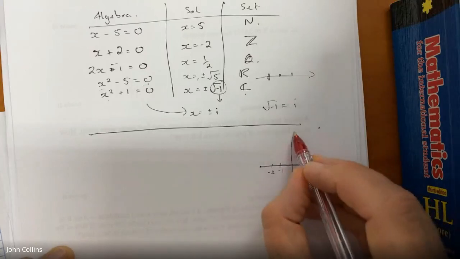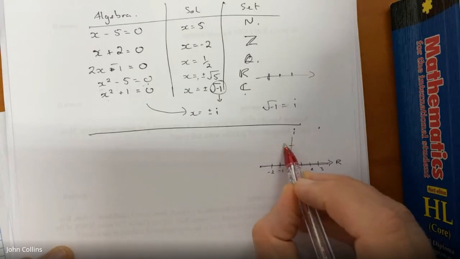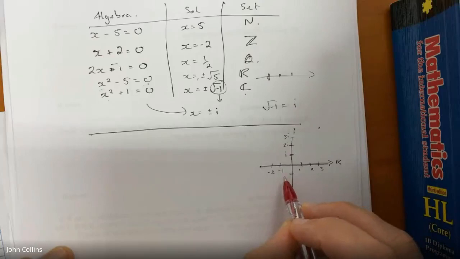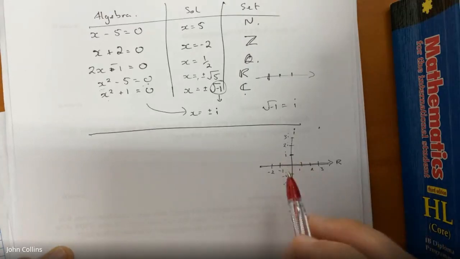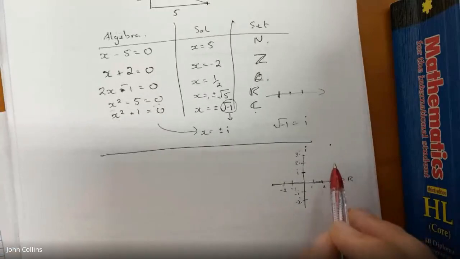And then we have a new number line, which is the imaginary one: i, 2i, 3i. So actually numbers are 2-dimensional, not 1-dimensional anymore. They have a real part and an imaginary part.